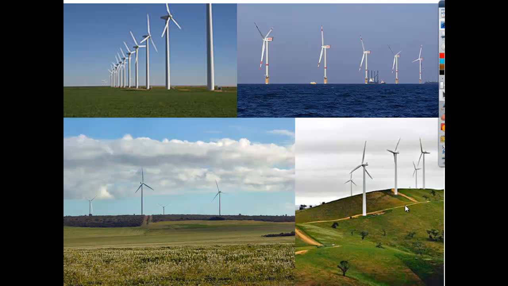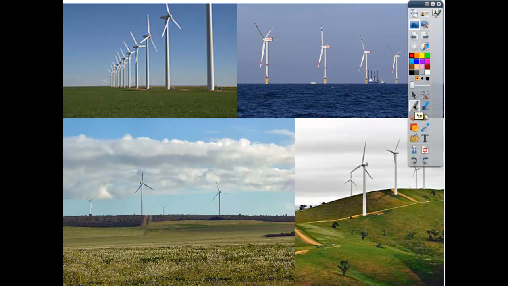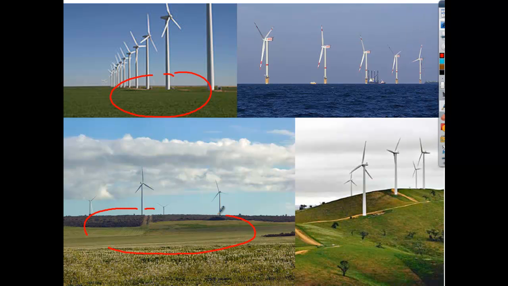All right, they can be placed in many different locations, create lots and lots of power, and at the same time, it can be a very beneficial energy system, because one of the things you'll notice in every one of these pictures, look underneath your power plant.